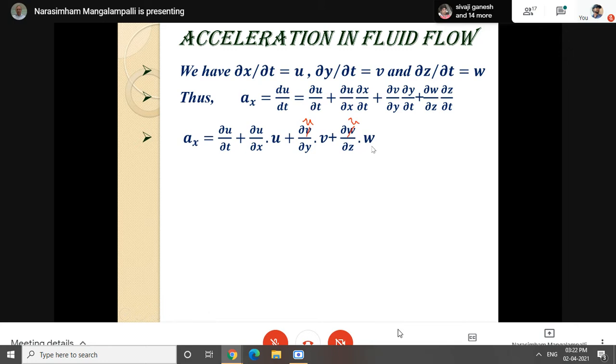Now you have the expressions for u, v, w. So now to find Ax, you tell me what is the expression for Ax in terms of the given expressions of u, v, and w.